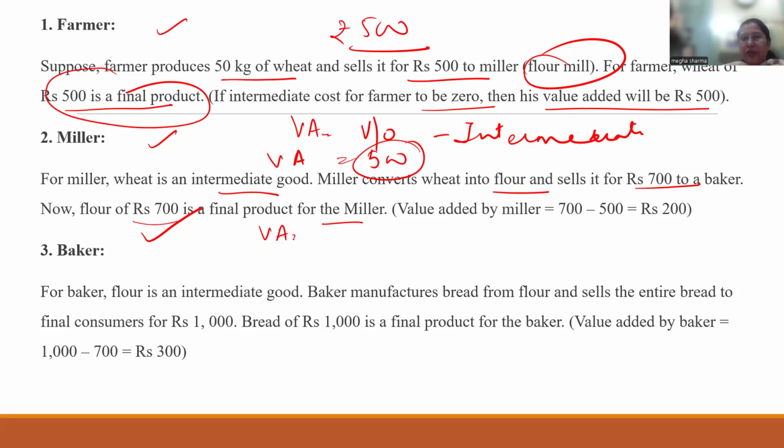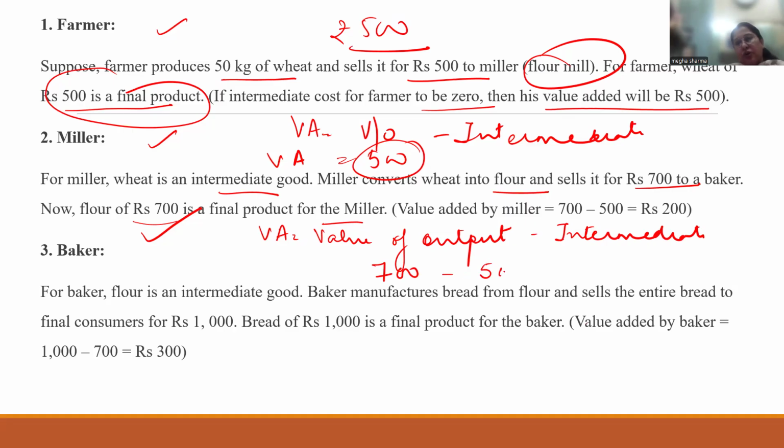Reason being, the formula for value added is value of output minus intermediate consumption, if any. So here the miller is selling the good for rupees 700, whereby 500 is already an intermediate consumption. That is the wheat he purchased to convert into flour, which was considered as intermediate. So here the value added is rupees 200.